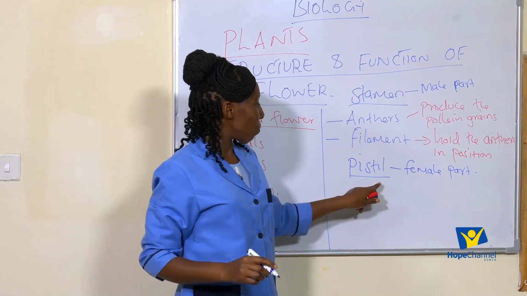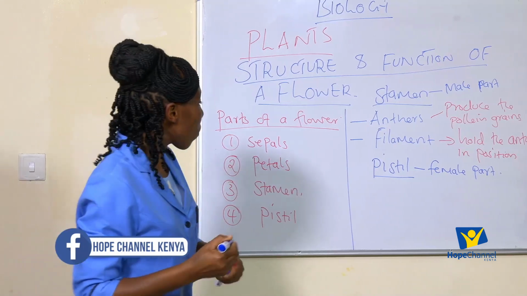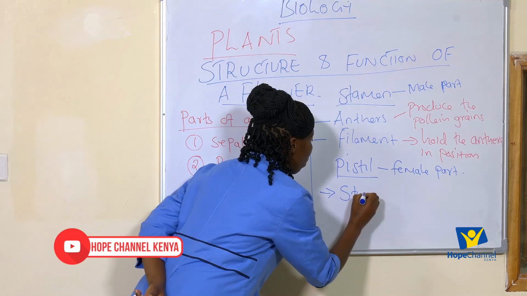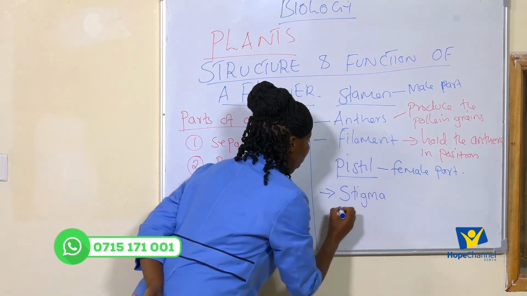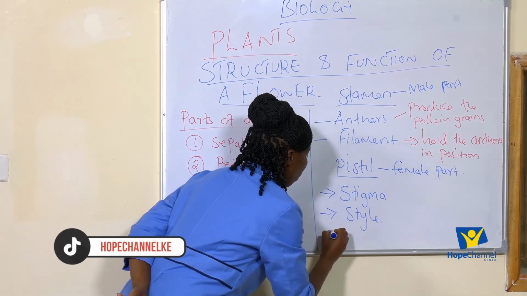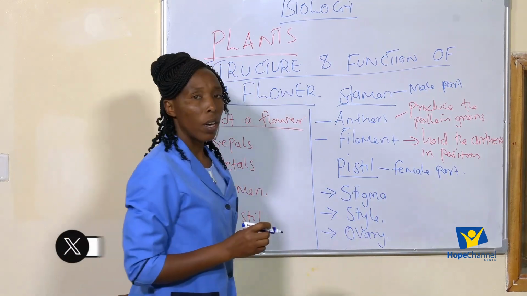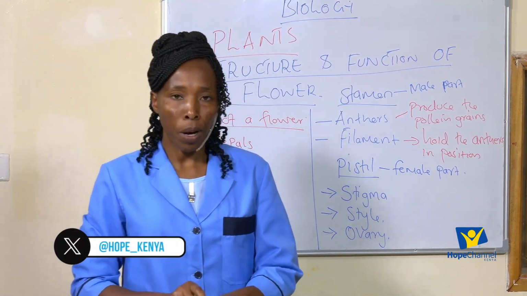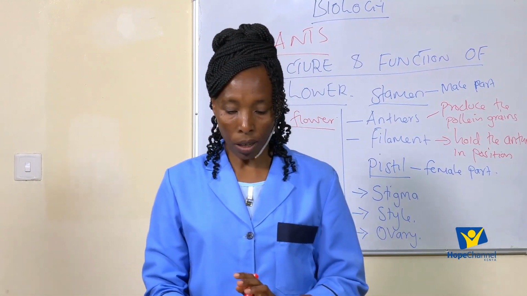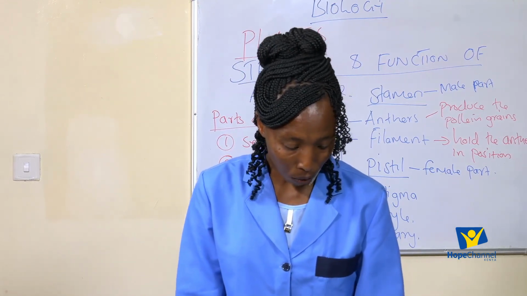So we refer to the female part of the flower as the pistil. Now the pistil consists of three parts. The pistil consists of the stigma, the style, and lastly, the ovary. The pistil is the female part of the flower and has three parts. Those are the parts that I want us to identify before we give the function of each part of the flower.